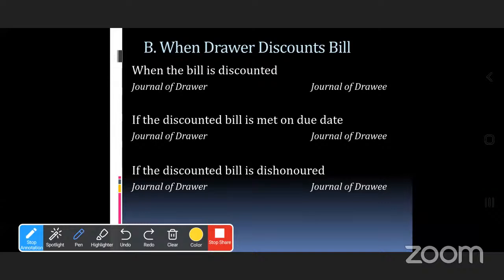So when the bank discounts a bill of exchange, it deducts interest from the amount of the bill, and the balance amount is credited to the account of the person who gets the bill discounted.